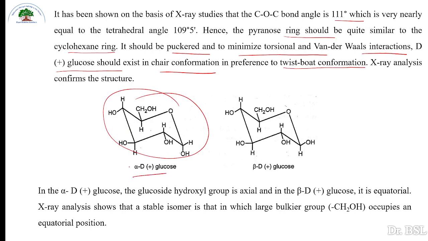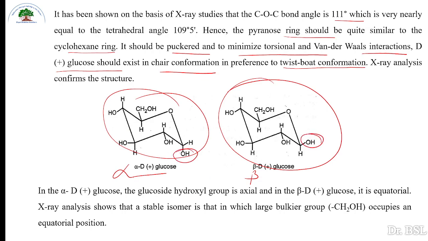And this is alpha D-plus-glucose, and this one is beta D-plus-glucose. When you observe keenly, the difference is only in the position of this hydroxy group. In alpha, this hydroxy group is axial, and here in beta, the hydroxy group is at the equatorial position.